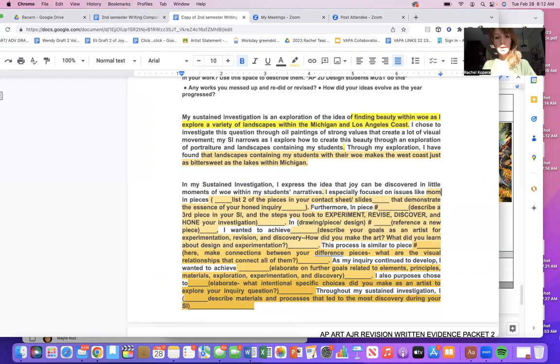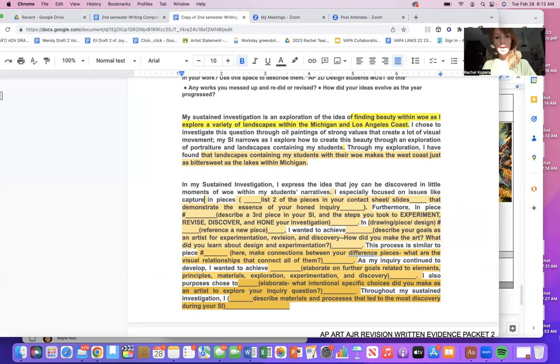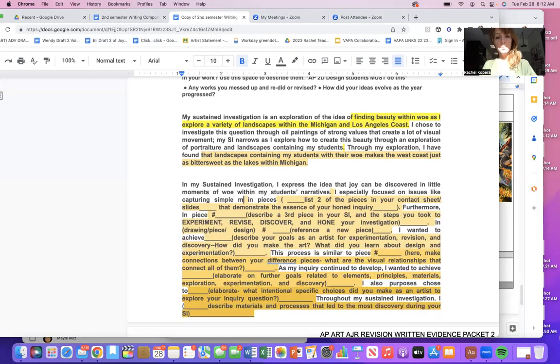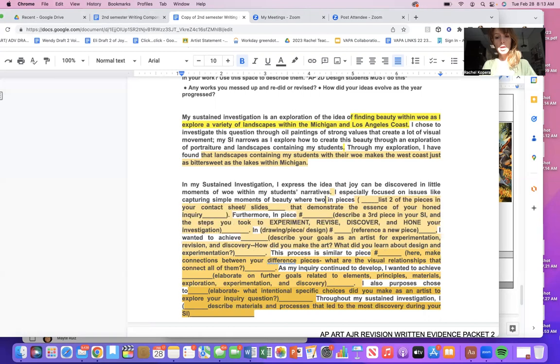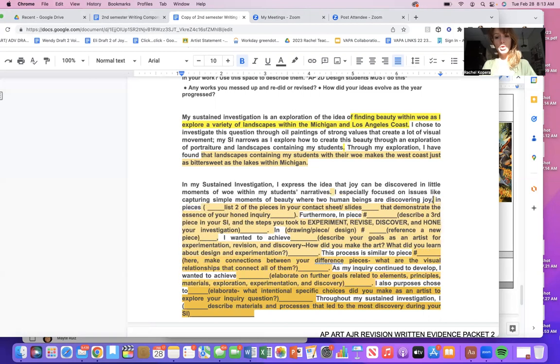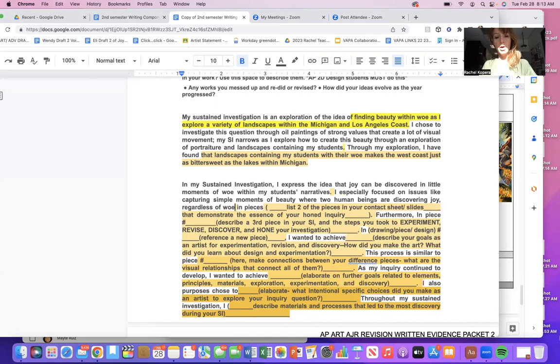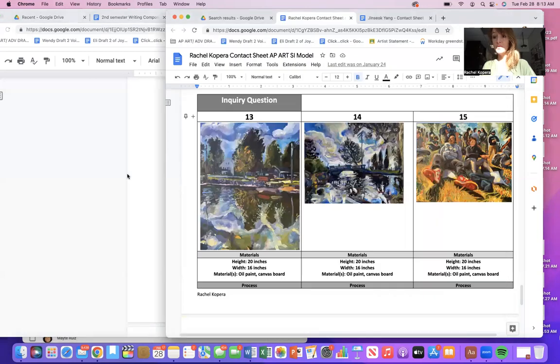Moments, issues, like capturing simple moments of beauty where two human beings are discovering joy regardless of woe. Okay, so I'm going to go right away in my SI and talk about piece 15.